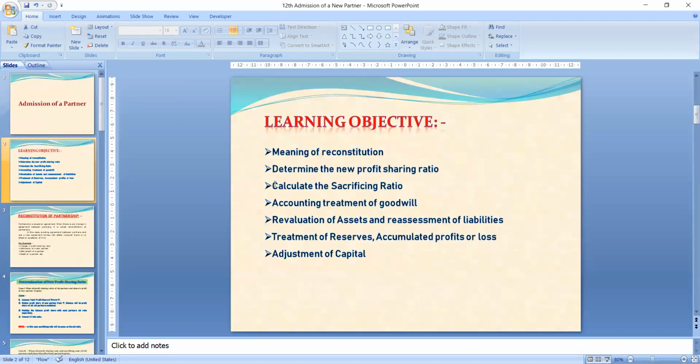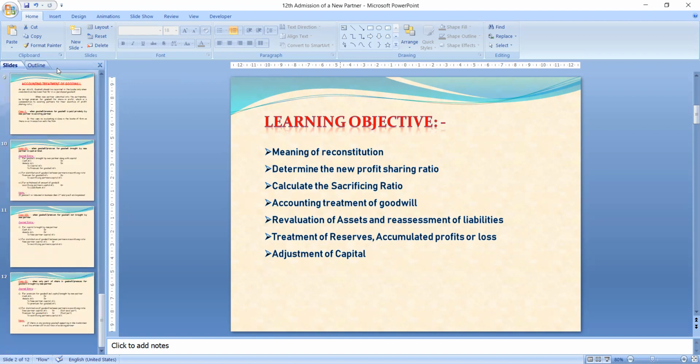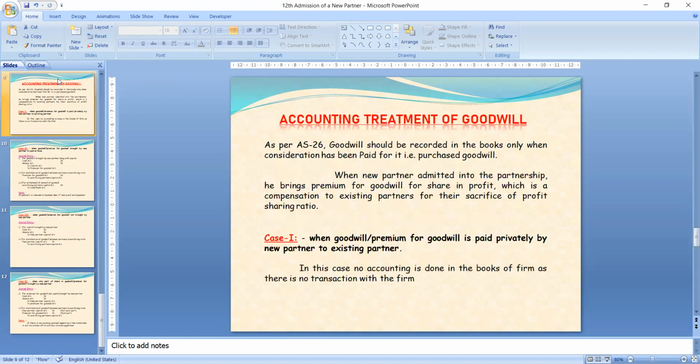Sir, it's a chapter, right? No, goodwill is a chapter, but we have to study it in admission of a new partner also. Okay, accounting treatment of goodwill. Do you know how to calculate goodwill? Average goodwill is equal to average profit into normal profit. You have studied, yes?